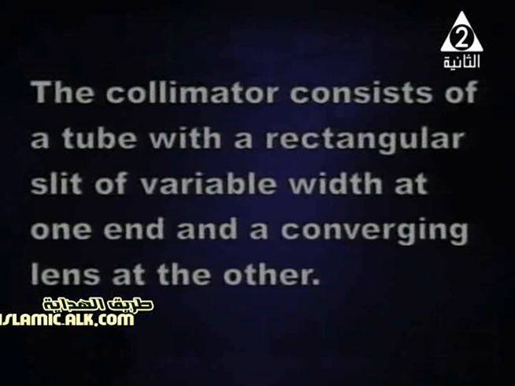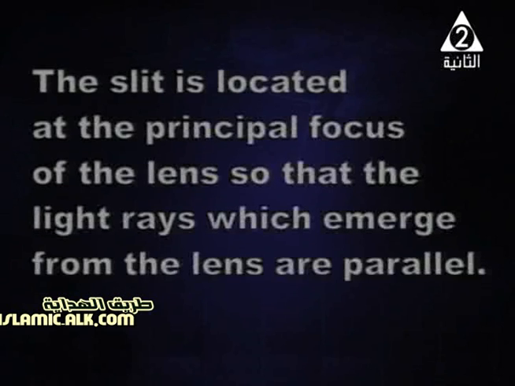Once again, the collimator consists of a tube with a rectangular slit of variable width at one end and a converging lens at the other. The slit is located at the principal focus of the lens, so that the light rays which emerge from the lens are parallel.